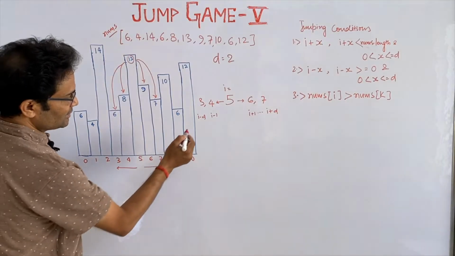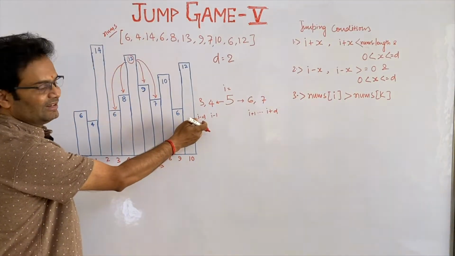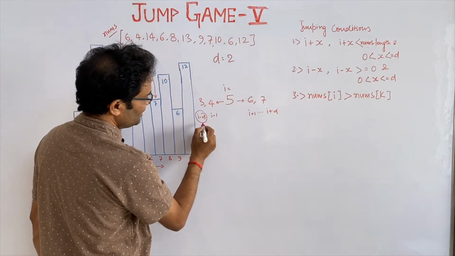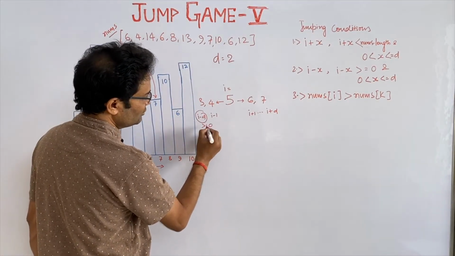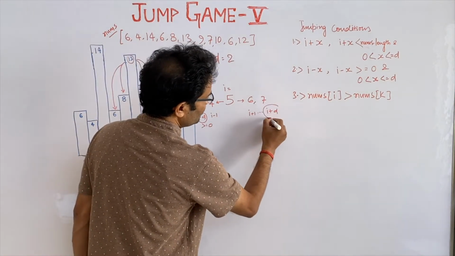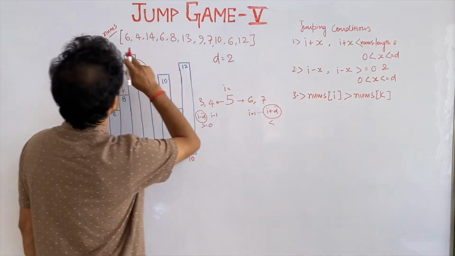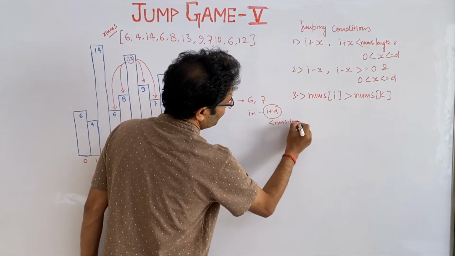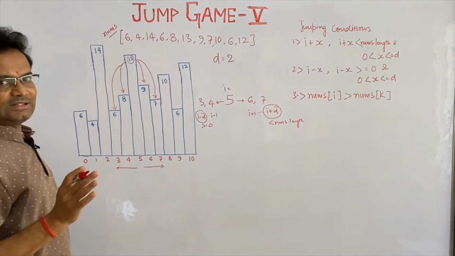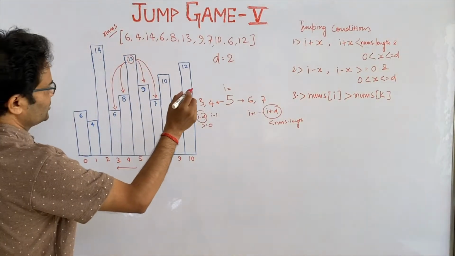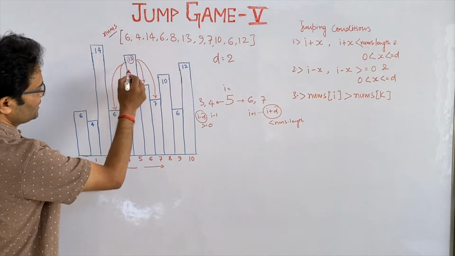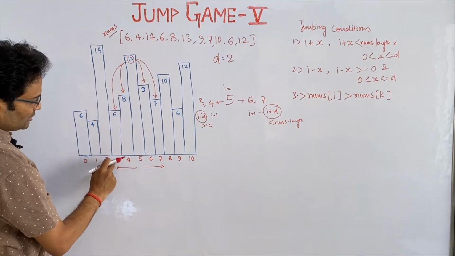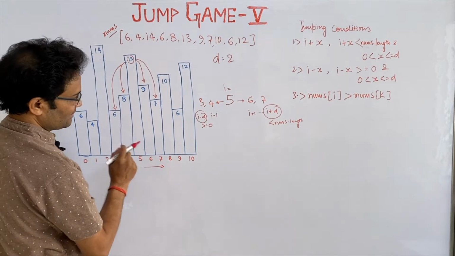Keeping in mind this value should not be less than 0, right? We have the index only. So this value is always greater than or equal to 0, and this value should always be less than the length of the nums array, nums.length. This is the first and second condition. According to the first and second condition, from the fifth index we can go to the 3rd index, 4th index, 6th index and 7th index.